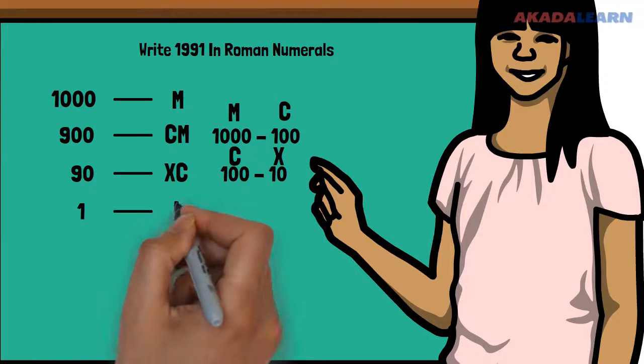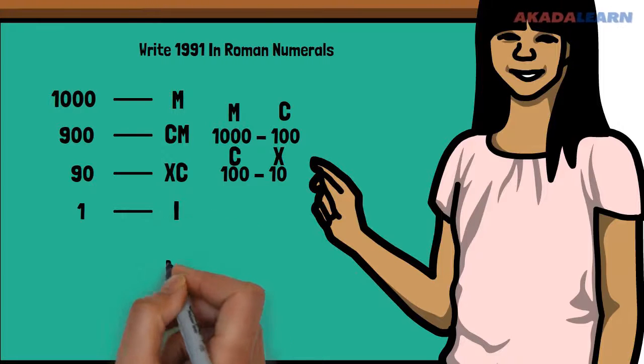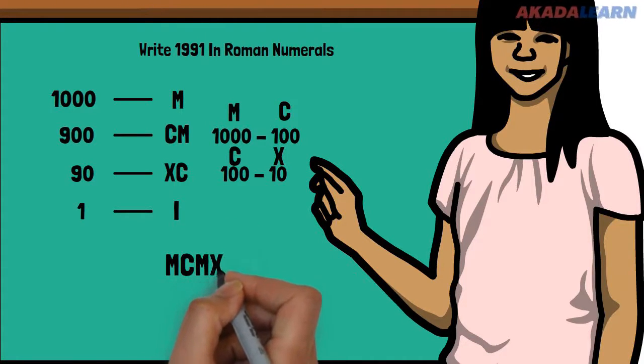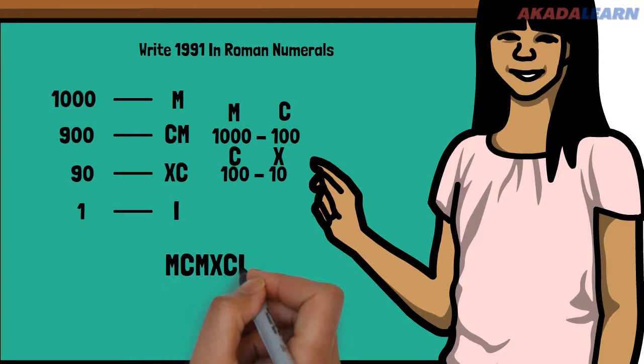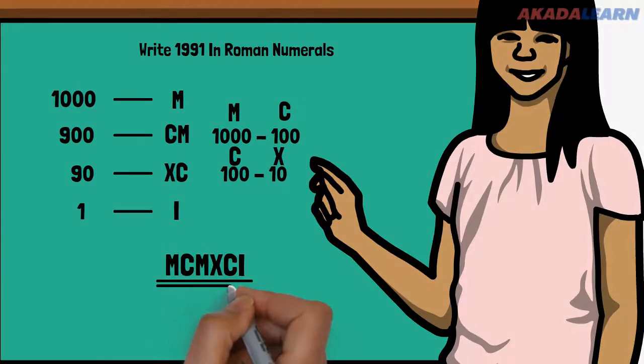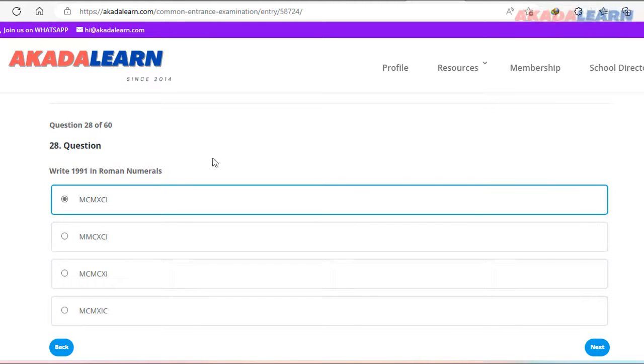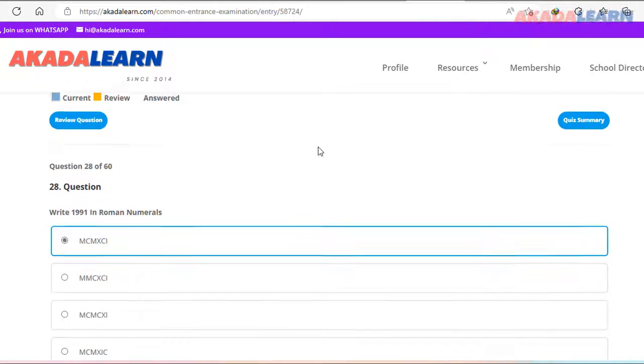And last but not least is 1, which is I. So when you put them together, that's M, C, M, X, C, I, which is your final answer. So we can see from the video that this is the answer, which is the first, MCMXCI.